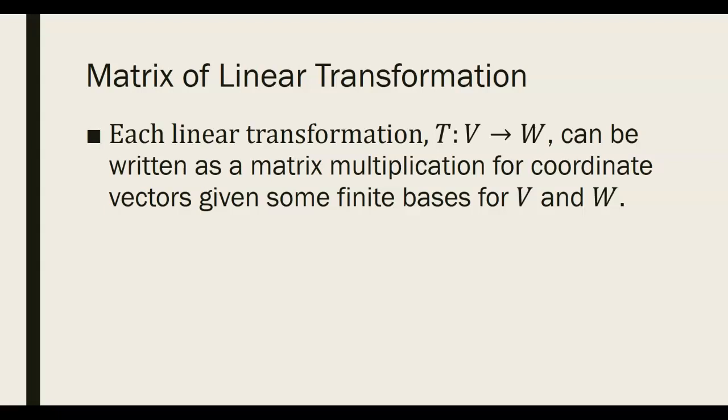Basically, each linear transformation from one vector space to another, so our transformation is labeled as T, from vector space V to vector space W, can be written as a matrix multiplication problem for coordinate vectors, given that we know some basis for V and some basis for W. So we set out with a basis for V, a basis for W, and no matter what our vector spaces are, those coordinate vectors are in fact from Rn.